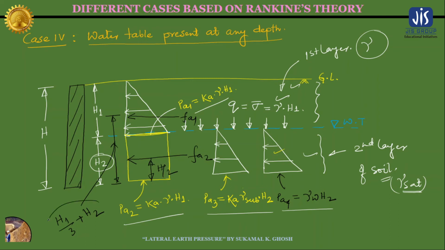Suppose this value is y1, this h2 is y2, okay. Now here also the FA3 will act at a depth of, suppose, y3, which is equals to h2 by 3, okay. Here also it is h2 by 3, and here also FA4 will act at a depth of y4, which is equals to h2 by 3, okay.